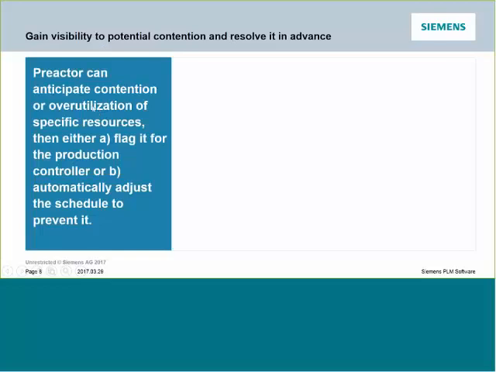Preactor can anticipate contention or overutilization of specific resources and then either flag it for the production controller or automatically adjust the schedule to prevent it. What I'm going to show you involves this first option, but Preactor can be configured to do either.